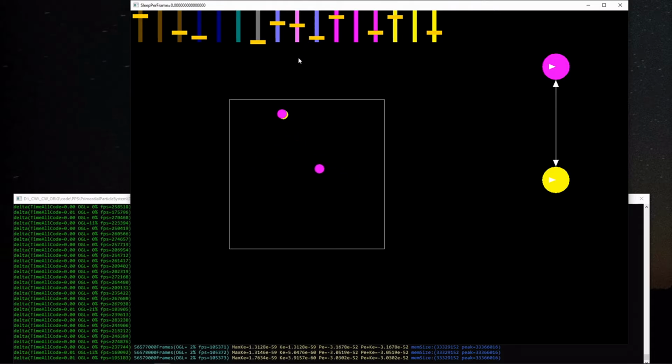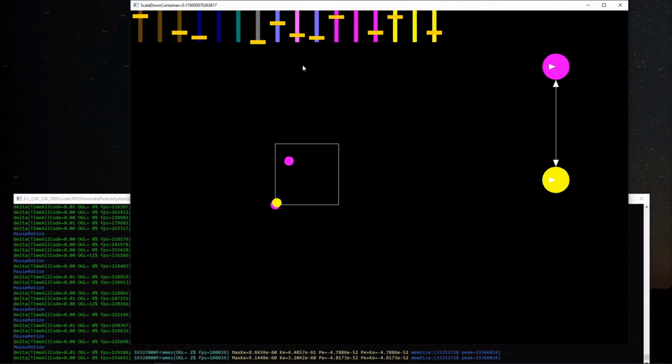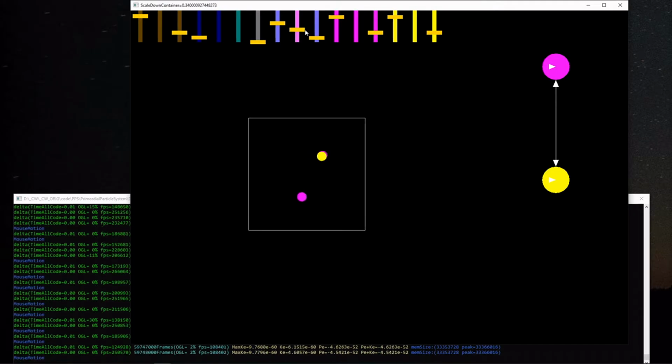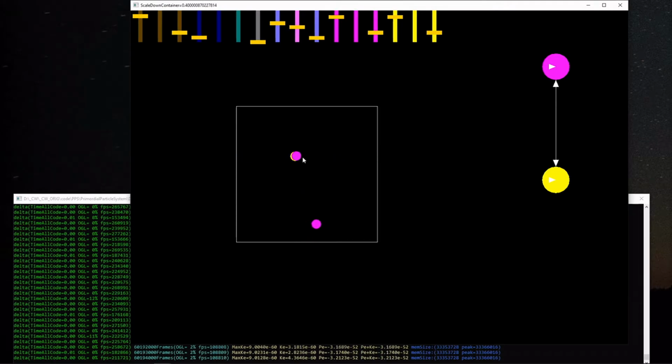Let's see what happens. Ooh, they started to attract, but then they were repelled from the closeness of the protons. Let's play with the size of the box to constrain them more. Okay, that proton is really stuck to that electron there. I think they changed.